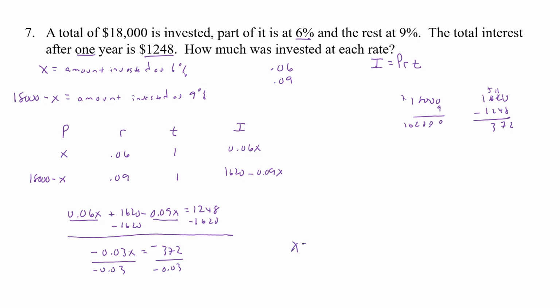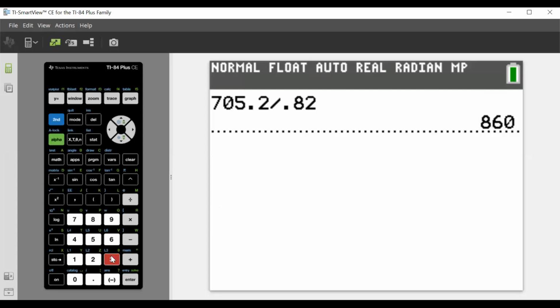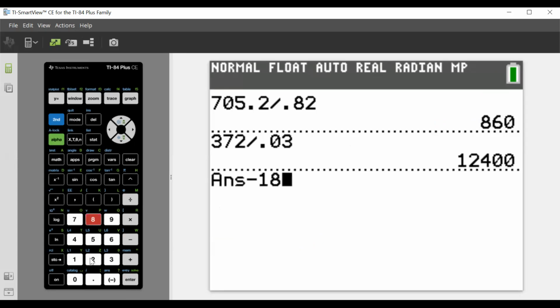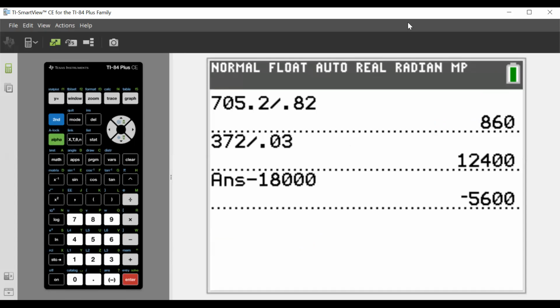And so x is equal to, and this is going to be how much was invested at 6%, 372 divided by 0.03. And we get $12,400. Okay, so that's how much that one is. After that, we need to take that from the 18,000, and that's 5,600.